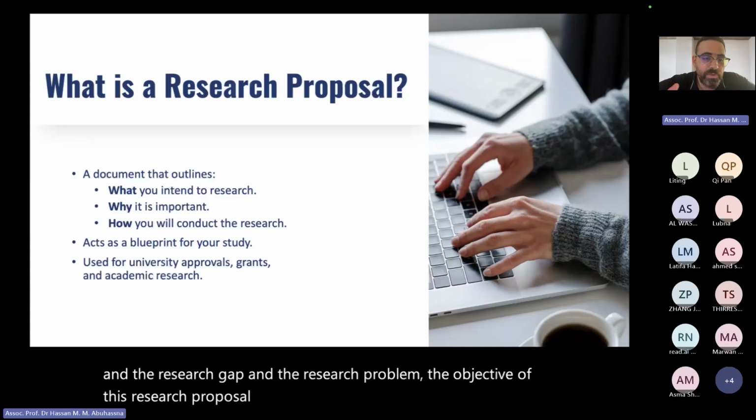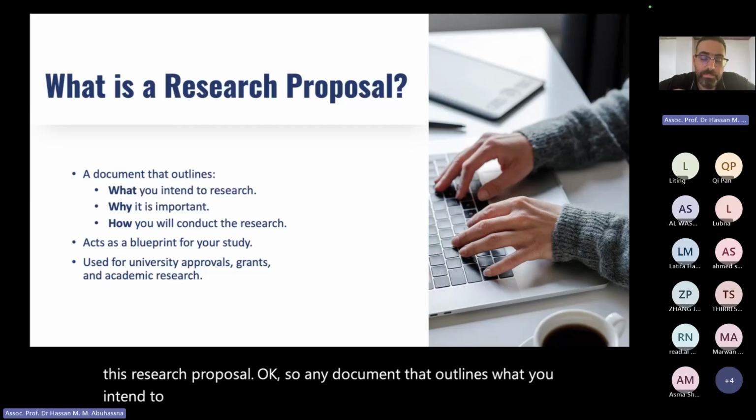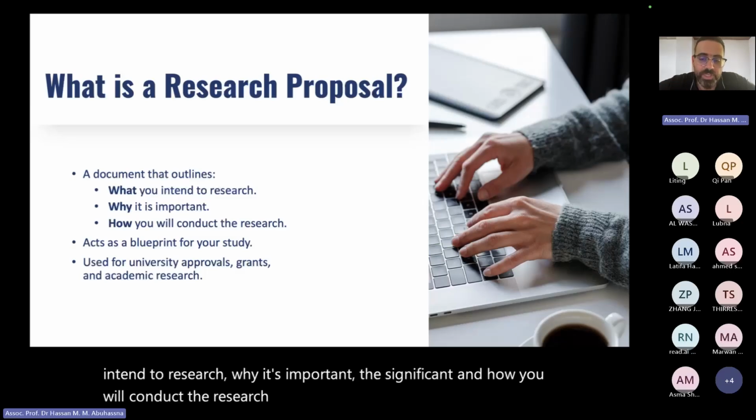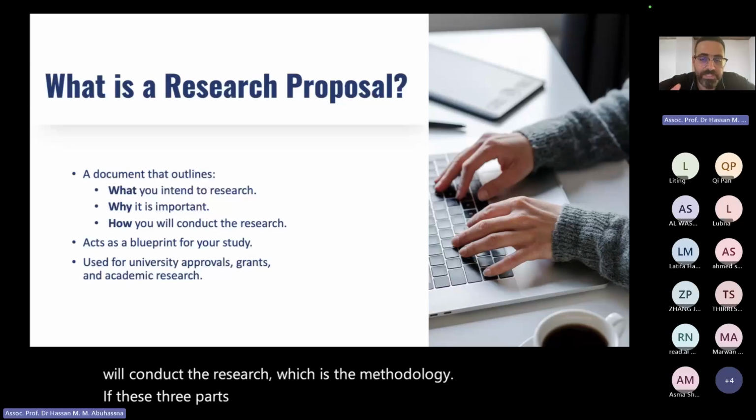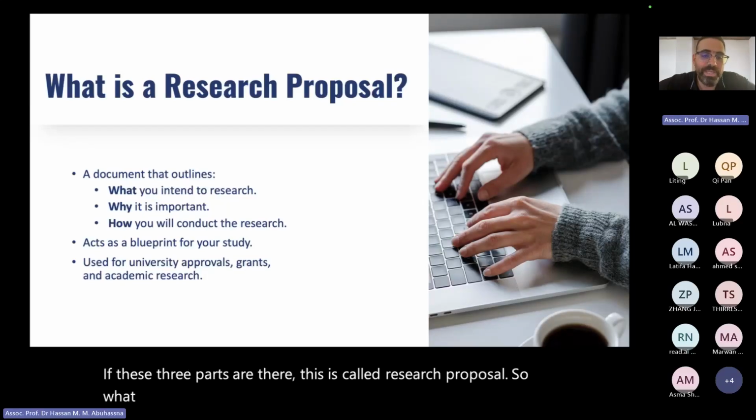Okay, so any document that outlines what you intend to research, why it's important, the significance, and how you will conduct the research, which is the methodology. If these three parts are there, this is called a research proposal. So what we mean by what you intend to research is the objectives that we need to have.